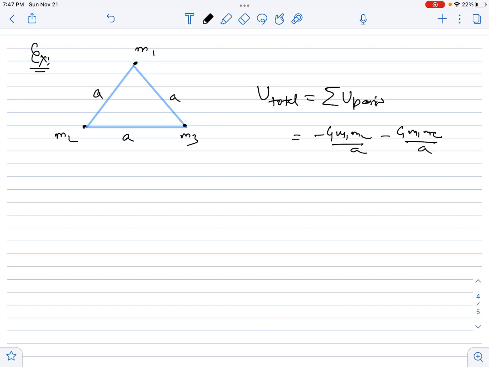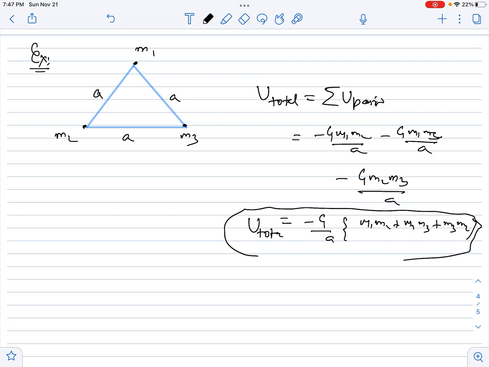And for the last pair between m2 and m3, energy is minus G m2 m3 by a. You can say minus G by a times (m1 m2 plus m1 m3 plus m3 m2). This is the total energy of the system.